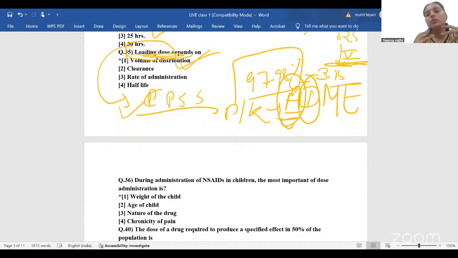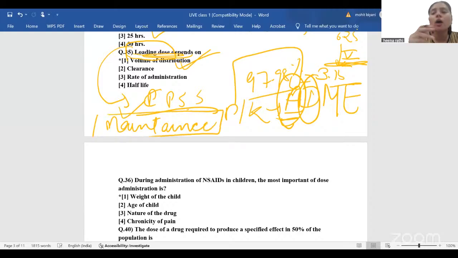When this loading dose has achieved the steady state plasma concentration, then we are going to decrease the dose of the drug, which is called maintenance dose. To maintain the steady state plasma concentration, we do not require a higher amount of the drug. We just want to maintain that concentration, which is called the maintenance dose.